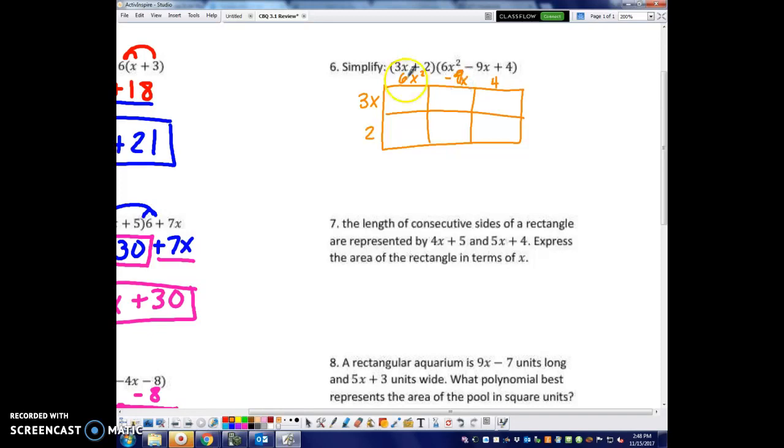So, same thing. 6 times 3 is 18. X squared times x, that's 3 x's. So it's x to the third. 6 times 2 is 12. And then we have 2 x's, so x squared. Negative 9 times 3 is what?